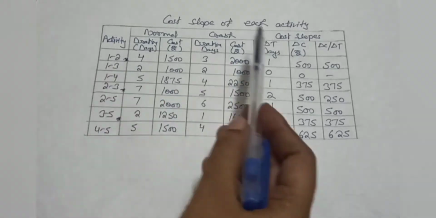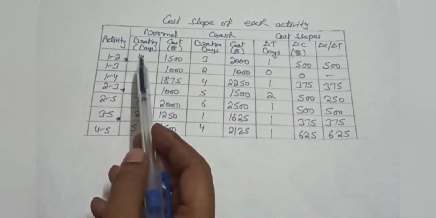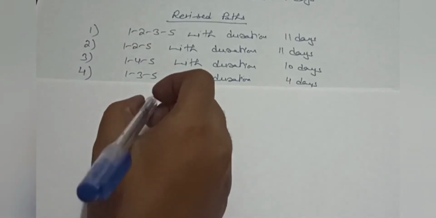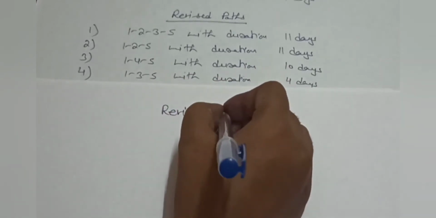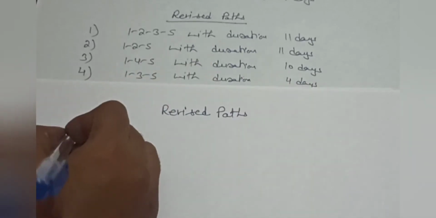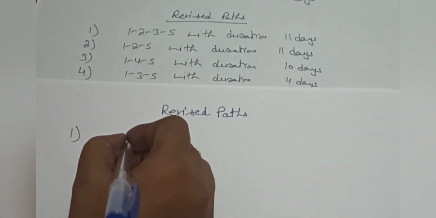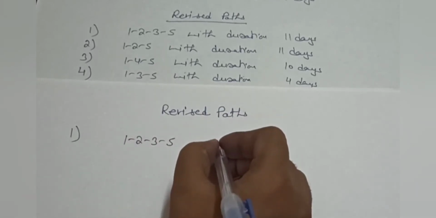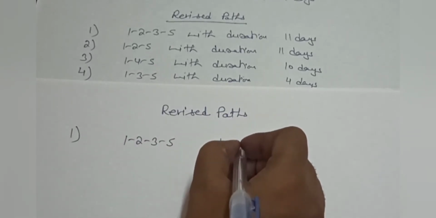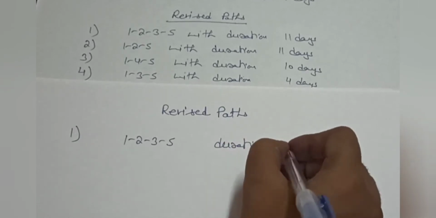But if we crash this activity anyway, then we have revised paths like this. Our first path will be 1 to 2, 2 to 3 and 3 to 5 with duration 10 days.